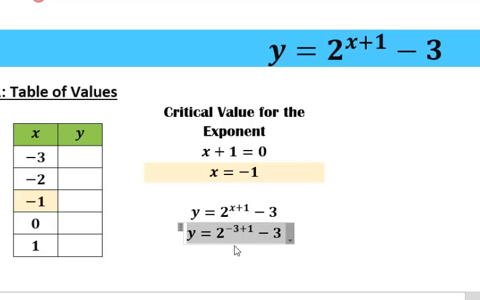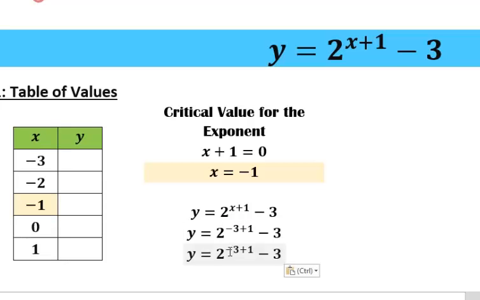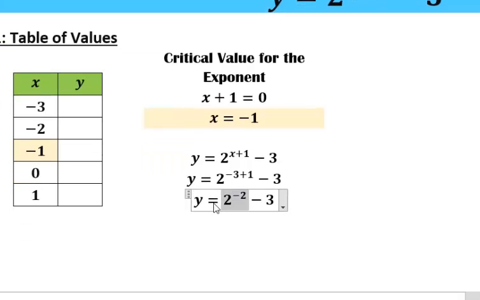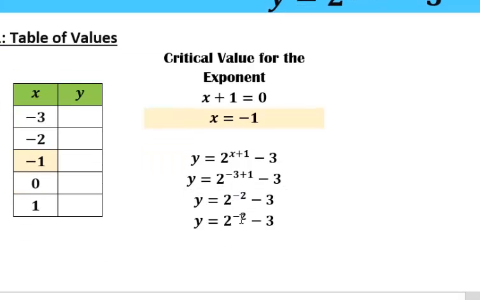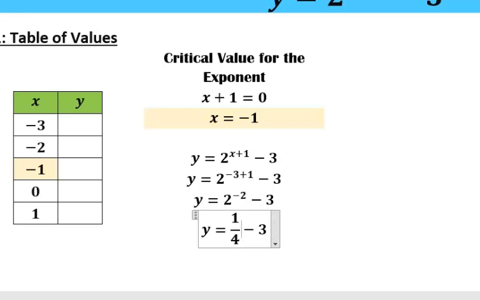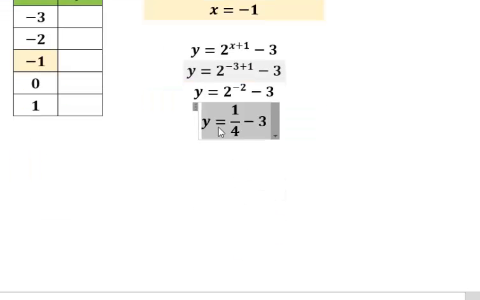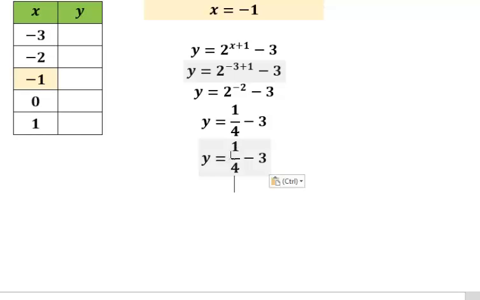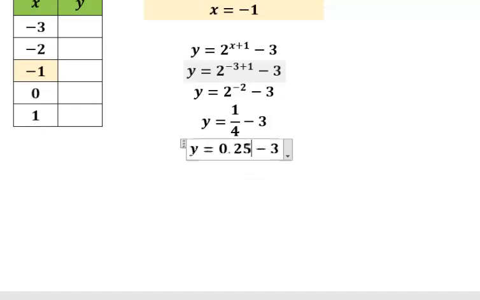That gives me y equals 2 to the power of minus 3 plus 1, which is minus 2. 2 to the power of minus 2 will be 1 divided by 2 squared. 2 squared is 4, so the reciprocal is 1 over 4. 1 over 4 minus 3: 1 divided by 4 gives 0.25.